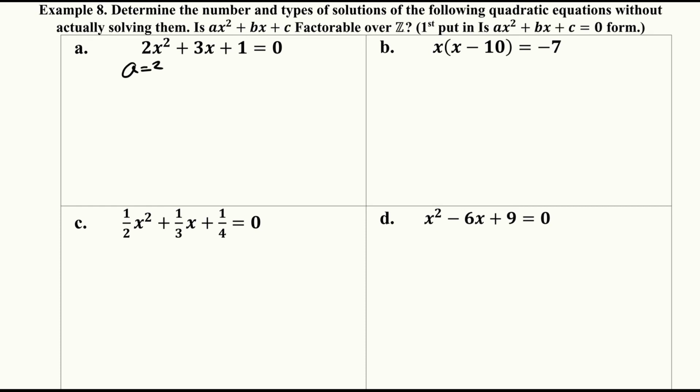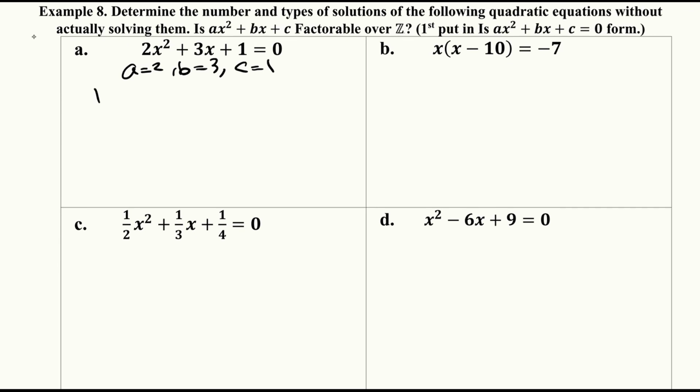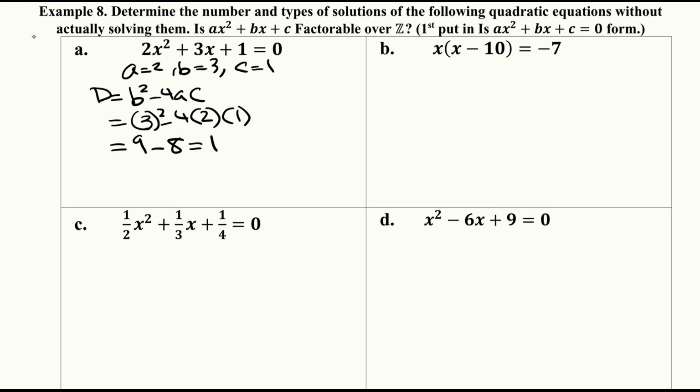A is 2, B is 3, and C is 1. Remember, all we're calculating here is D, capital D, which is b squared minus 4ac. So we substitute, and we get 3 squared minus 4 times 2 times 1. So we get 9 minus 8, which is 1.